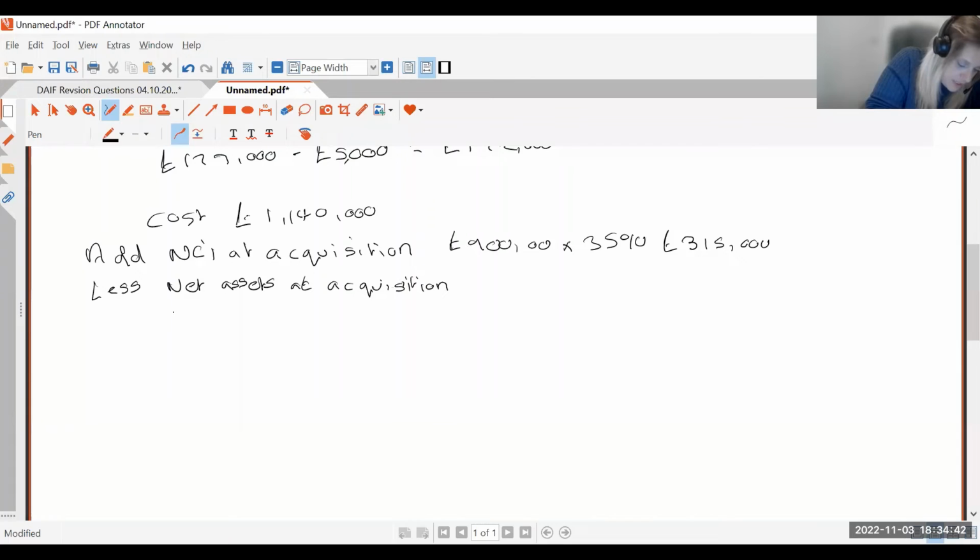Which were our share capital, which, if you remember, was our 1.2 million shares at 50p per share.